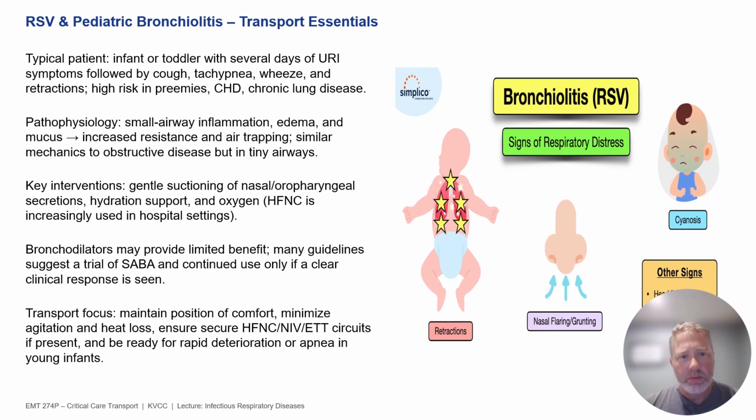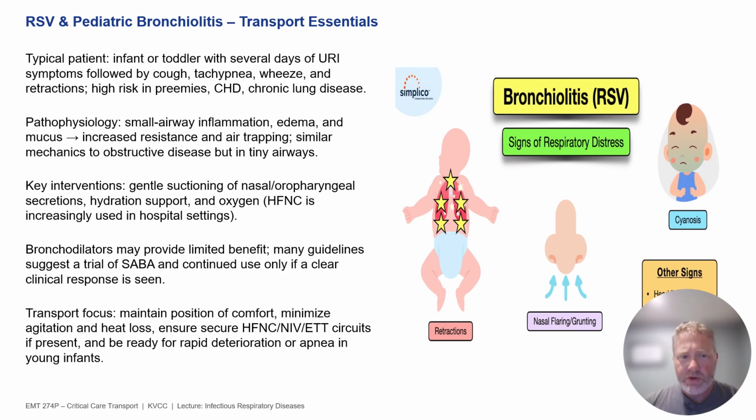Airways are also plugged with mucus and debris, so secretion management should be one of the more important interventions. Gentle but thorough suctioning of both the nasal and the oropharyngeal airway often produces dramatic, if temporary, improvement in both airflow and oxygenation.